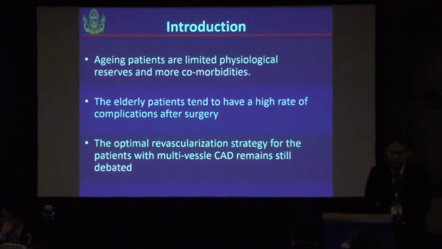Due to decreased functional capacity of the organs and morbidity in general, postoperative complications are more common in aging patients than in young patients. High complications may result in high mortality. As with other major surgical procedures, heart surgery in this patient group is still debated.